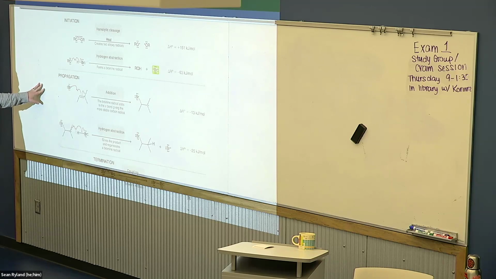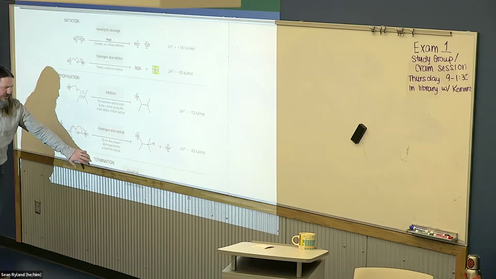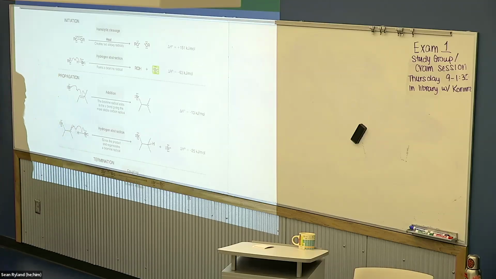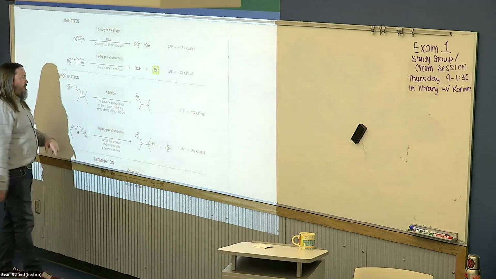And then once we break the pi bond and make a free radical, it's going to find another HBr molecule and continue the whole process. The termination step is usually written as two bromine radicals running into each other. But again, these two running into each other work pretty well too.